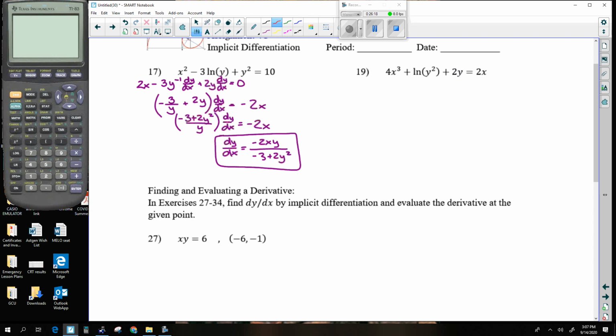And 4x to the third, that's 12x squared. The ln is 1 over y times chain rule, plus 2y, y goes to 1, equals 2x, 2x goes to 2.